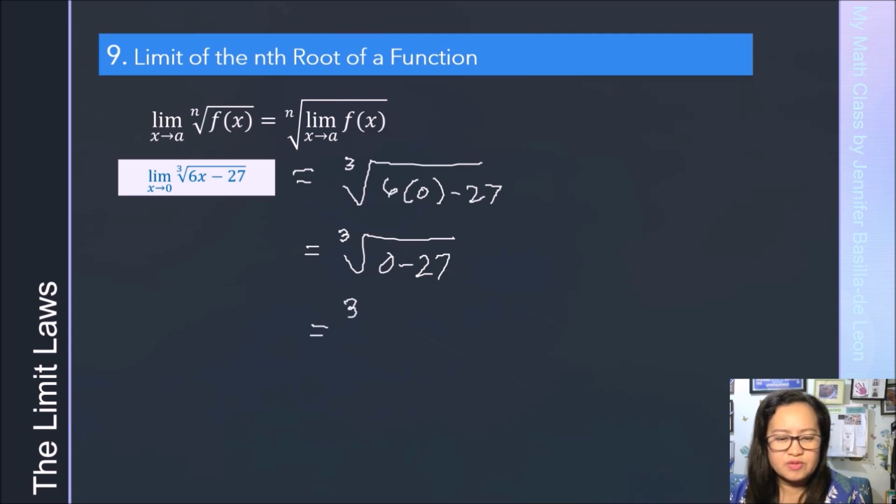Simplifying further, we will have the cube root of negative 27. And we think of a number that when multiplied by itself 3 times will give us negative 27. That number would be negative 3. So therefore, the limit of the cube root of 6x minus 27 as x approaches 0 is negative 3.